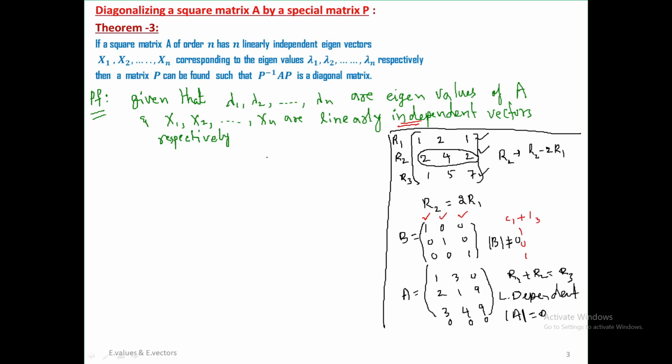Therefore I can write A x1 is equal to lambda 1 x1, because x1 is an eigenvector corresponding to the eigenvalue lambda 1. Similarly, A x2 is equal to lambda 2 x2. Yes or no?